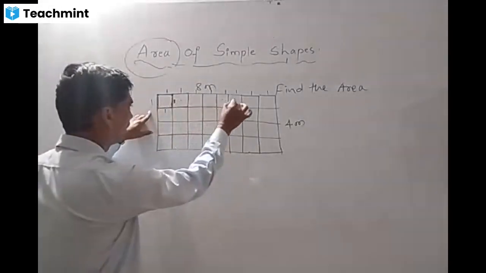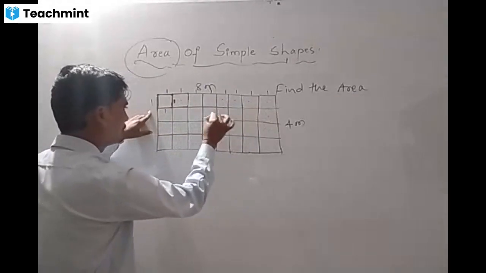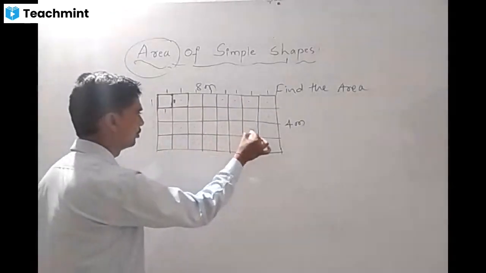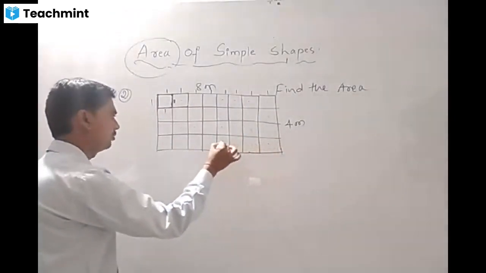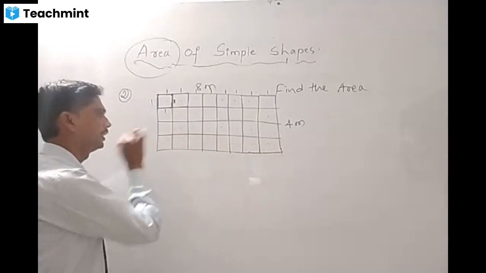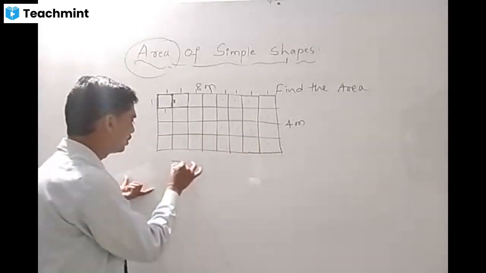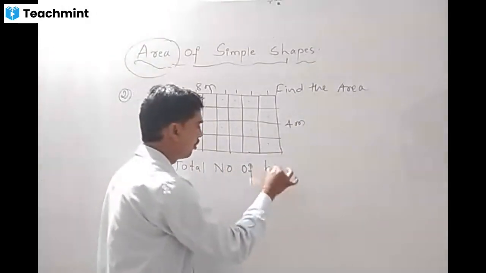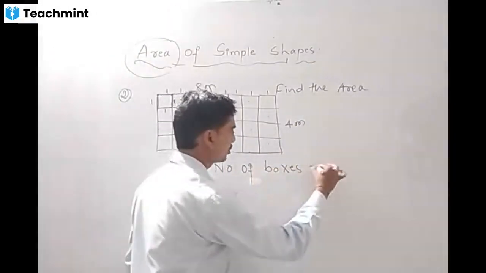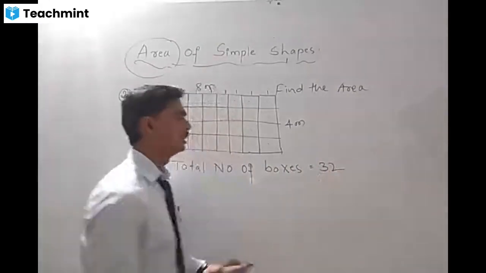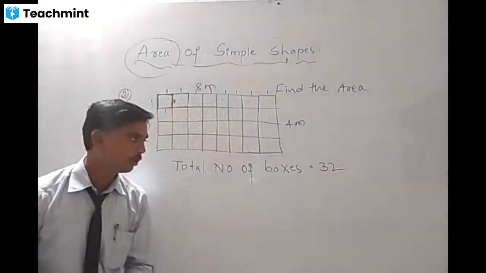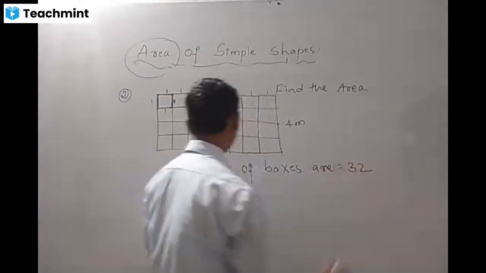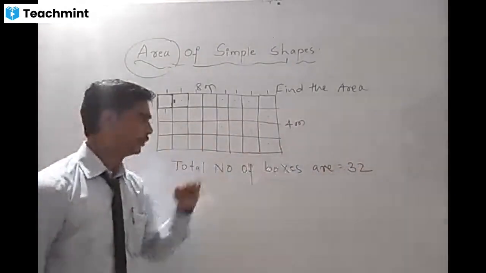1, 2, 3, 4, 5, 6, 7, 8, 9, 10, 11, 12, 13, 14, 15, 16, 17, 18, 19, 20, 21, 22, 23, 24, 25, 26, 27, 28, 29, 30, 31, 32. Then you have to write here: total number of boxes are 32.